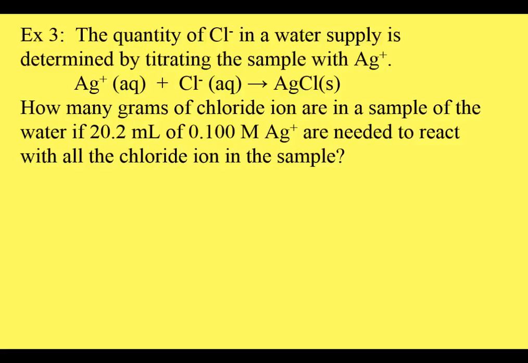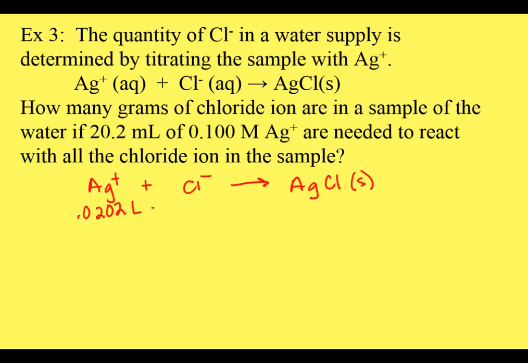This time the equation's been written for us, but I like to rewrite it just so that I can record the information I know below it. It says that we have 20.2 milliliters of silver ions. Changing that to liters, I'd move my decimal 3 places to the left, 0.0202 liters.